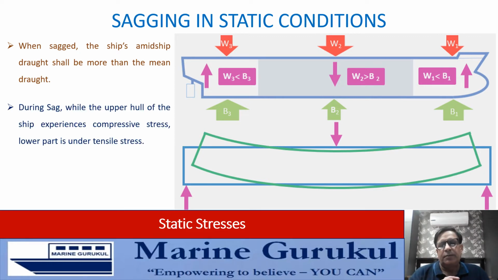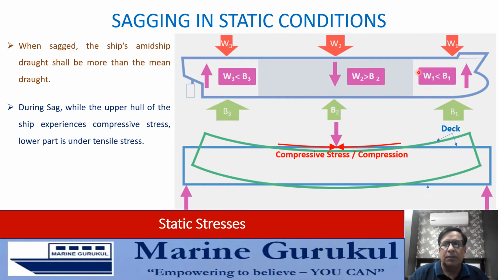During sag, the upper part of the hull would now experience compressive stresses. You can see in this diagram, the upper part of the hull is the deck region and the one closer to the deck region, and you can see these portions experience compressive stress. Why? Because they are under compression.